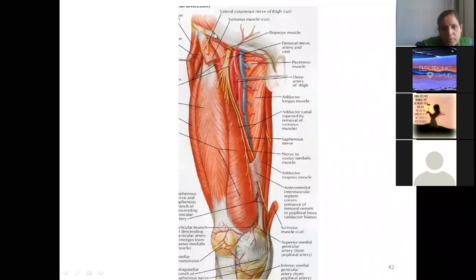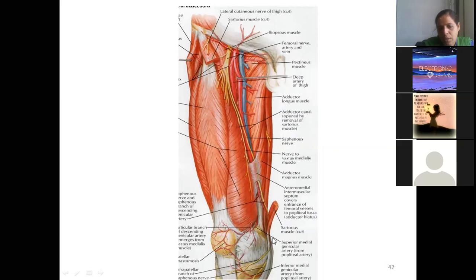So now this is the thigh. You can see the femoral triangle, its contents, the femoral nerve. So these are the cutaneous branches we can see. Then in the posterior division, you will see all muscular branches. From the posterior division, one cutaneous branch you have, that is the saphenous nerve. You can see its course.